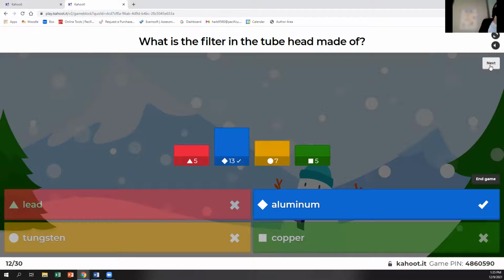The collimator is lead. The filter is aluminum. Tungsten is the wire where the electrons heat up, but tungsten's also on the target. And copper is on the anode side that absorbs the heat. So all of those metals are in there.